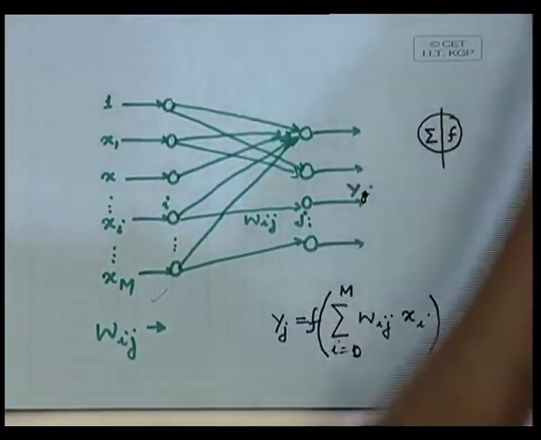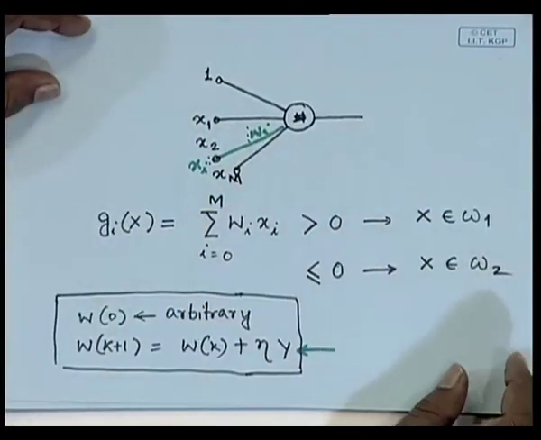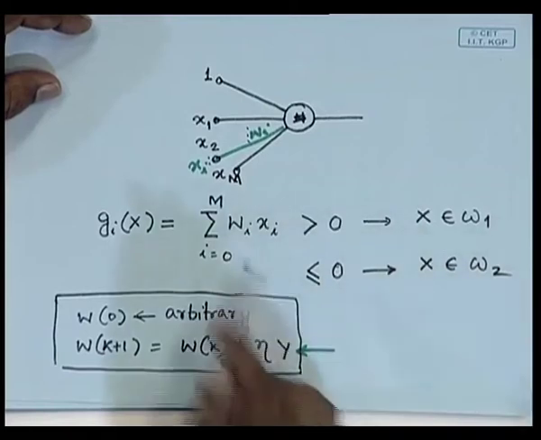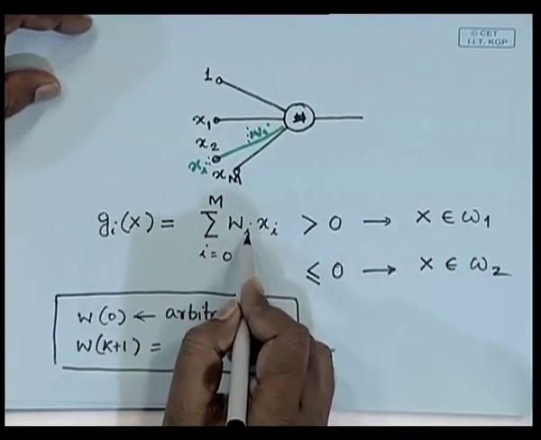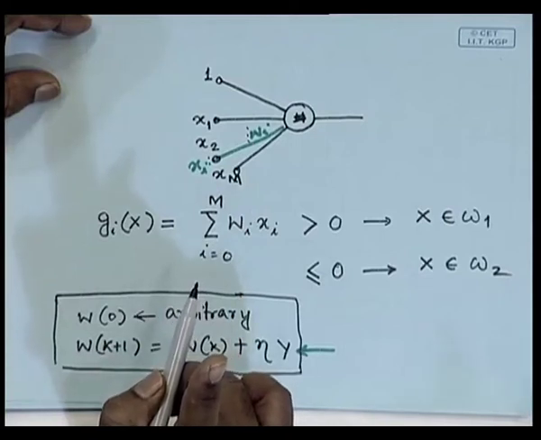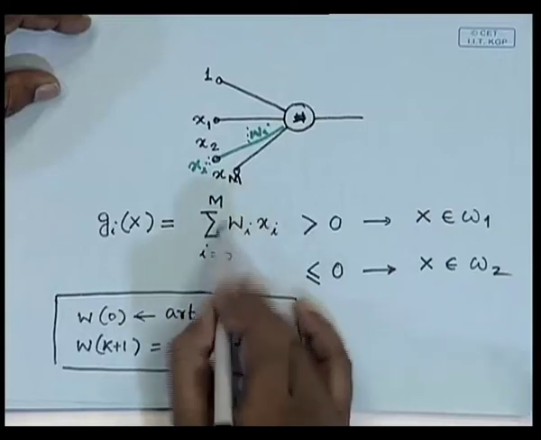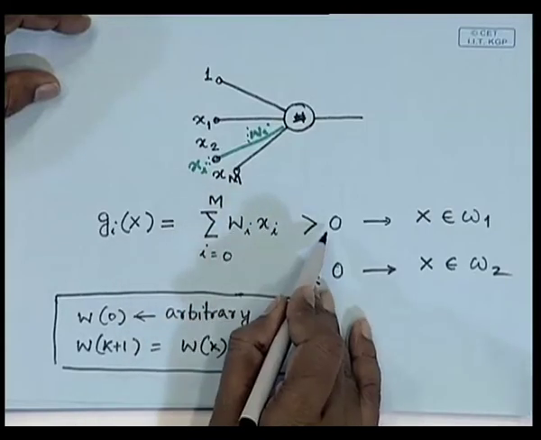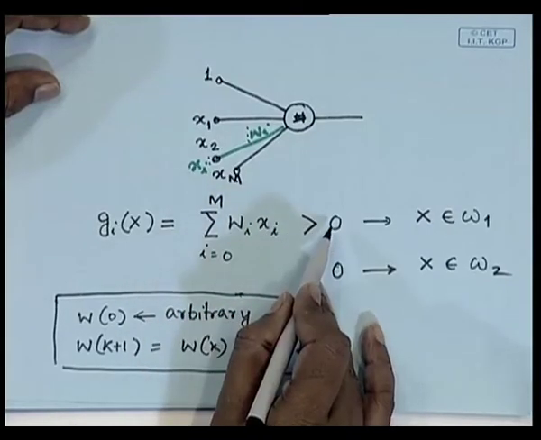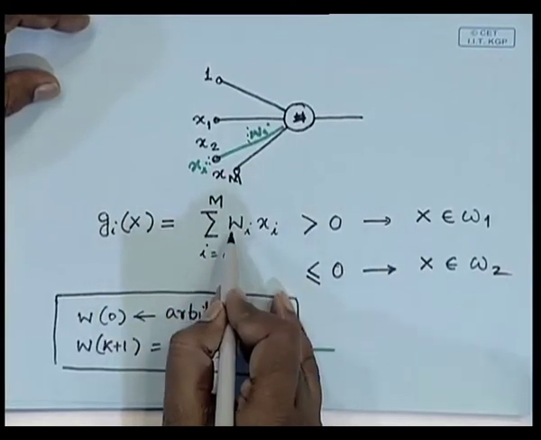See what we have done in the case of this single layer, single output neural network. I get a linear equation of this form. This linear equation is the equation of a straight line. If a point gives a value greater than 0, it lies on the positive side of the straight line given by this equation.